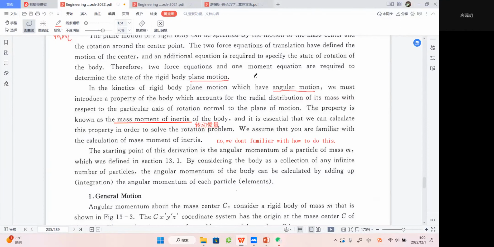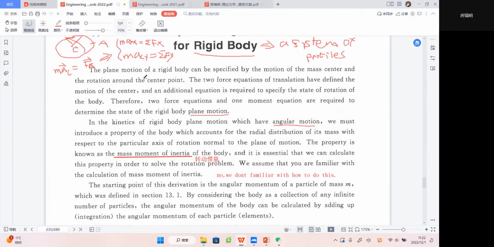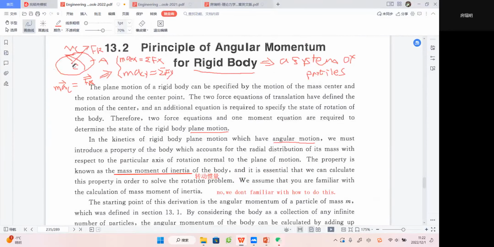It's like when we treat the plane motion of a rigid body: it moves along with the center of mass C and rotates around C. The two motion components happen together, simultaneously, so it is very complicated for us to study.